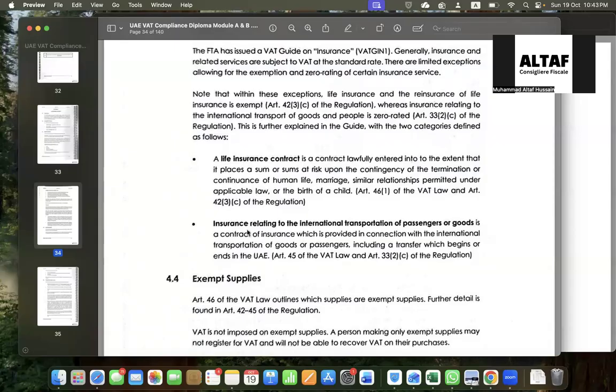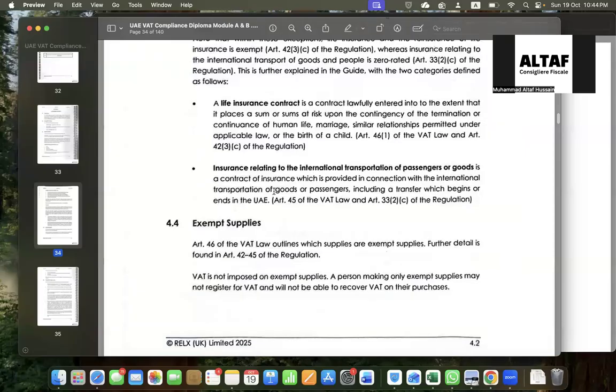Okay. And then insurance relating to the international transportation of passengers or goods is a contract of insurance which is provided in connection with the international transportation of goods or passengers, including a transfer which begins or ends in the UAE.